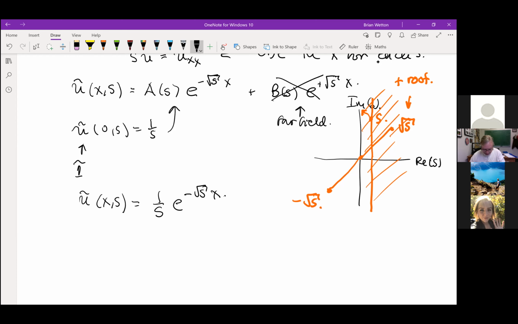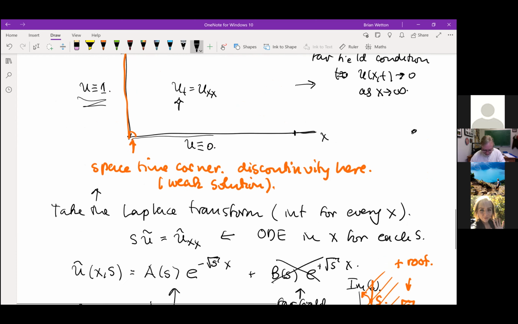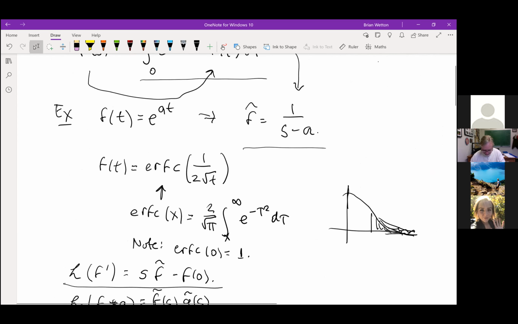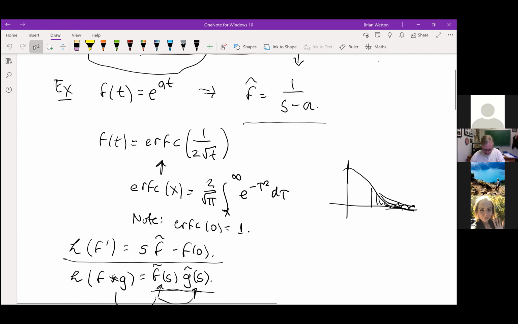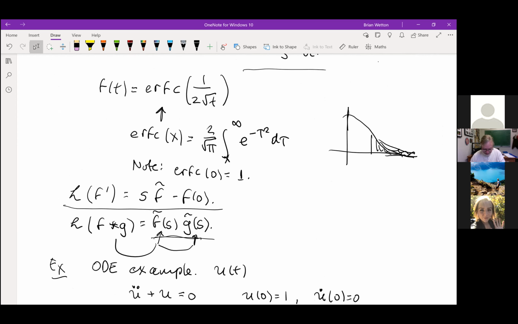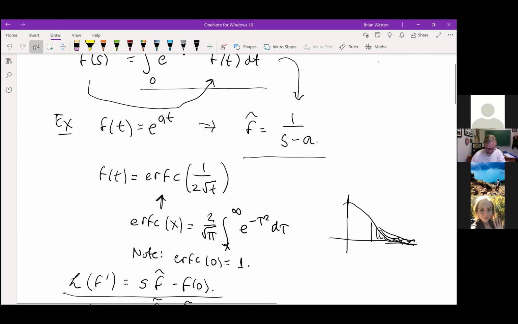Okay, now I'm going to look back at my table. Where did it go? Yeah. Oh, I never reminded you what the Laplace transform was.